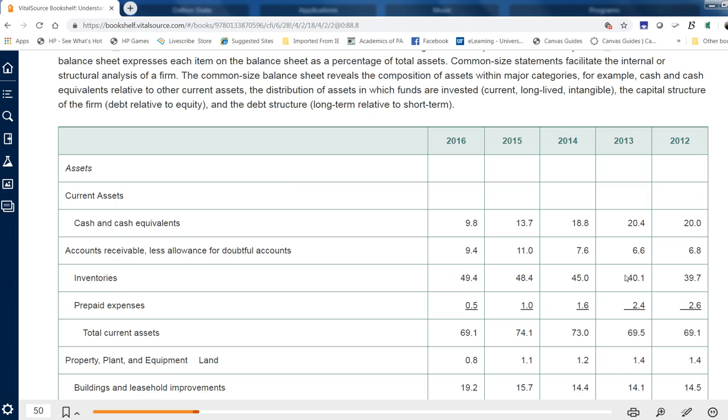And so that's the first part of your analysis. The second part of your analysis is the why. Why is cash on the decline? Why is it down $1 million in 1 year, and why are we seeing this gradual decline of cash and cash equivalents as a share of total assets?